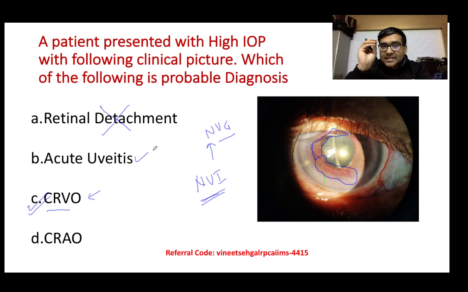Acute uveitis, yes, this patient may have acute uveitis, but remember, in acute uveitis you won't see such a clear cornea and such blood vessels on the iris. Yes, chronic uveitis can cause neovascularization of the iris, but not acute uveitis. CRAO also does not present with neovascularization very commonly; in very rare cases it can. So the answer here is CRVO, central retinal vein occlusion, which can cause 100-day glaucoma.